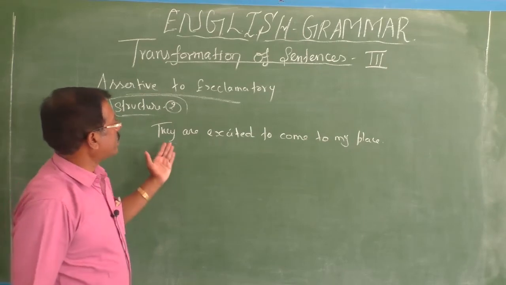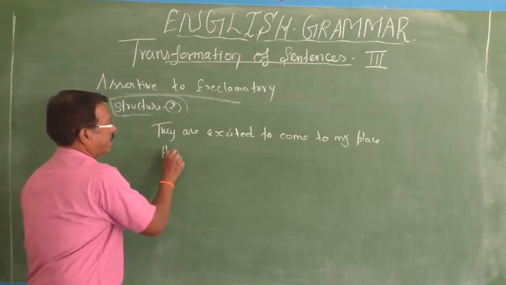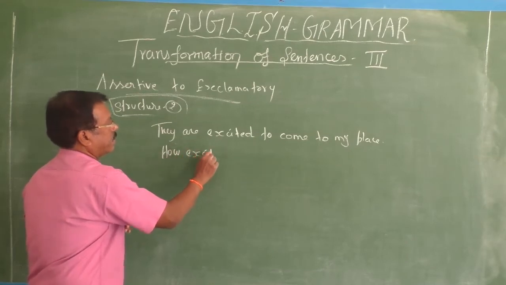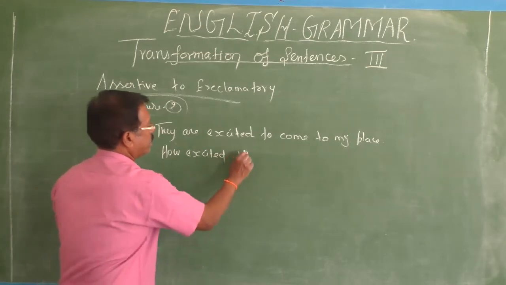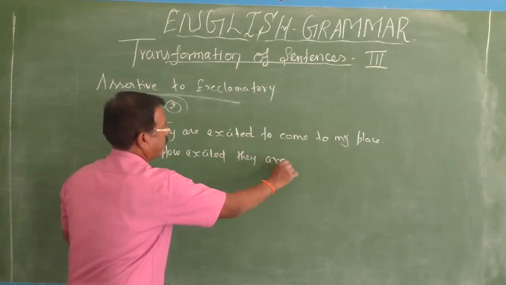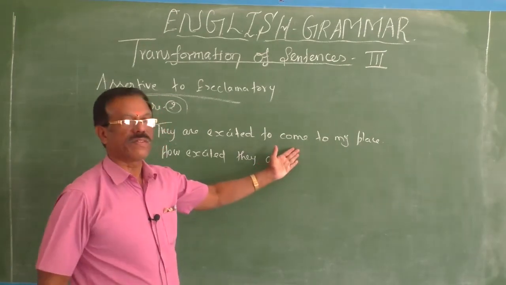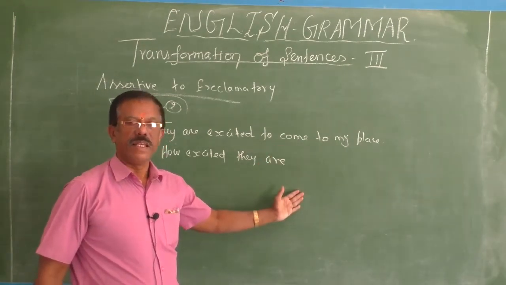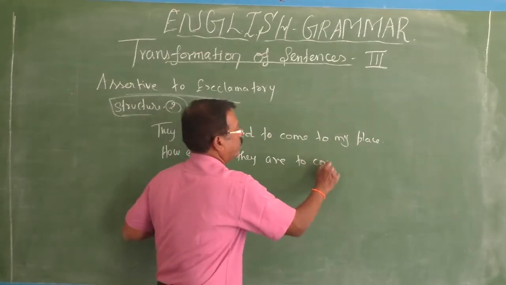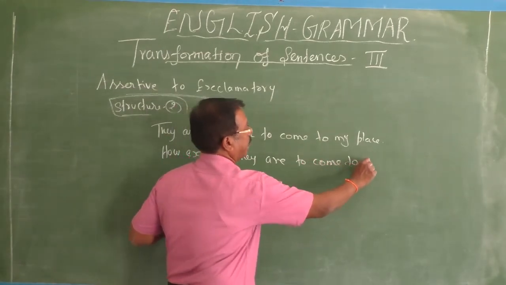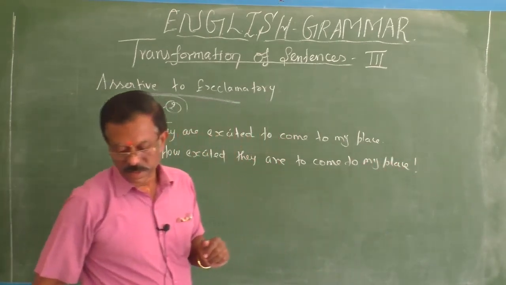How can you change this sentence into an exclamatory? How excited. That's all. How, adjective, subject, and then link verb. How excited they are. The remaining part of the sentence can be kept as it is. How excited they are to come to my place! Then exclamation mark. That's all.